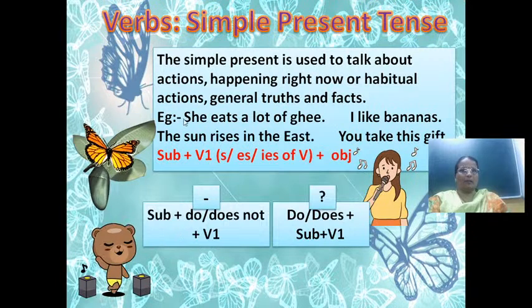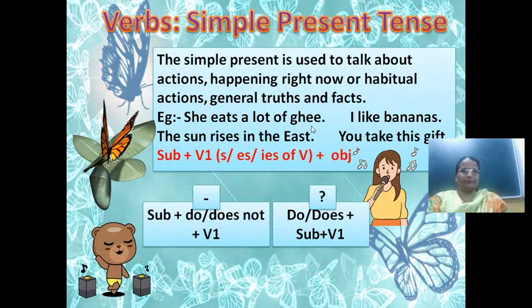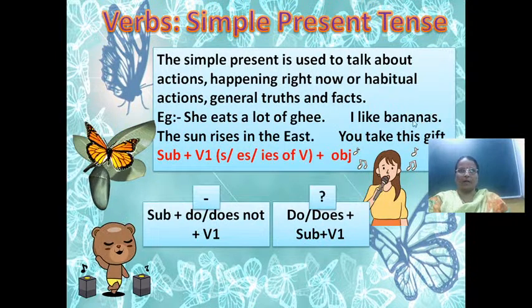For example, let's change this first sample itself. She eats a lot of ghee. So, if we want to make it negative, it will be she doesn't eat a lot of ghee. Let's change the second sentence. I like bananas. I do not like bananas.